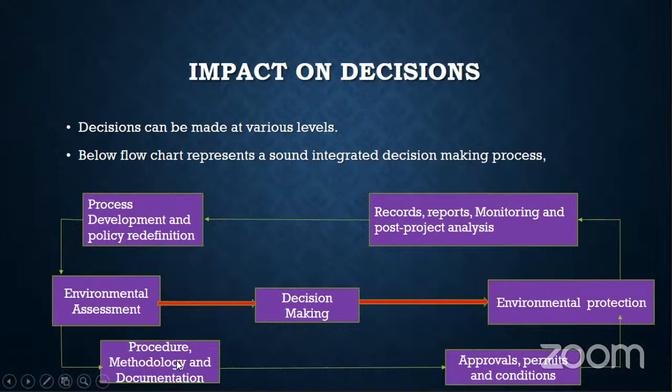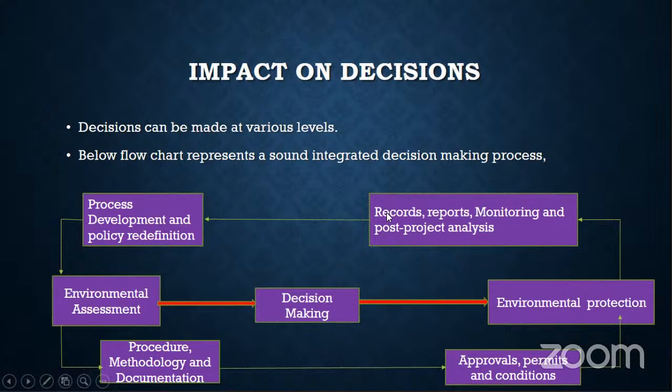If this is completed, then we will send it for approvals or permissions, and we can put some conditions into that. It will help to protect the environment, since these conditions are set by taking account of all that information.